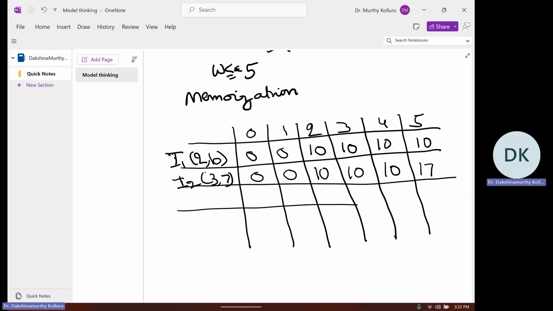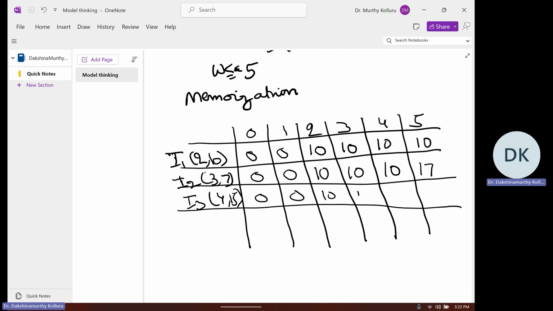Now let me include the third item whose weight is 4, value is 15. Again, there is not much I can do if all I am allowed is 0 or 1. Whether I include or not, I can't include, and the best is 0. In 2, I can't include this, so the best is this.